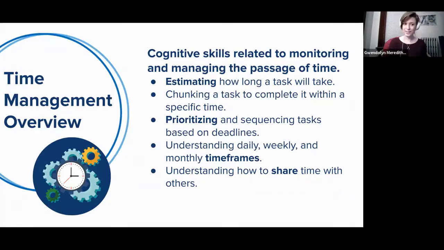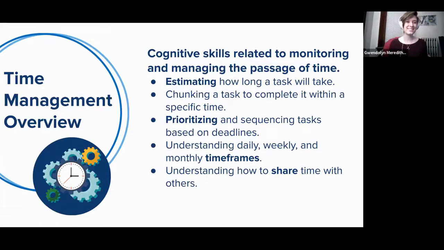Our next part is time management, which it might seem odd to think that we're organizing time, but it is very important because sometimes you might take a little bit longer on your presentation than you had planned. Sorry about that.